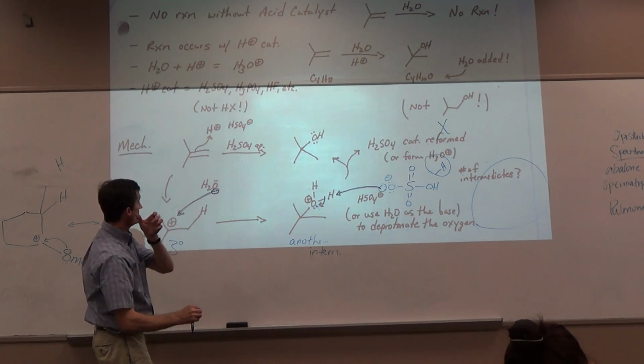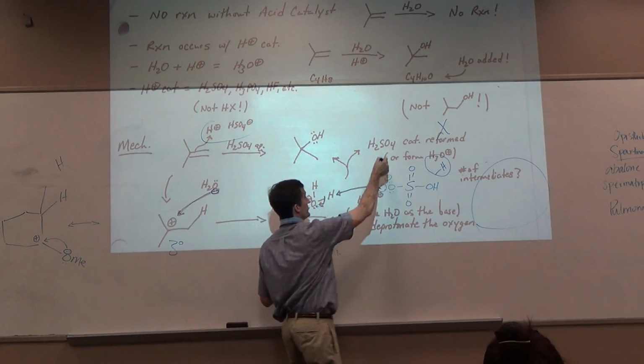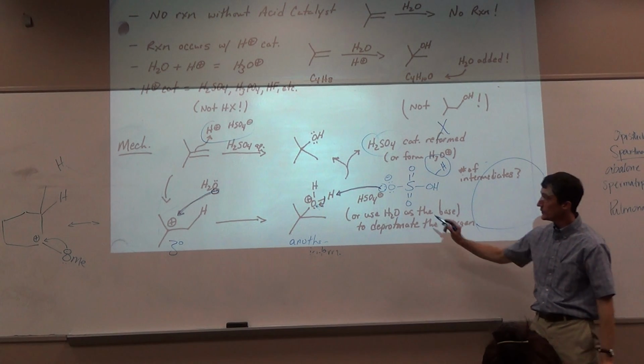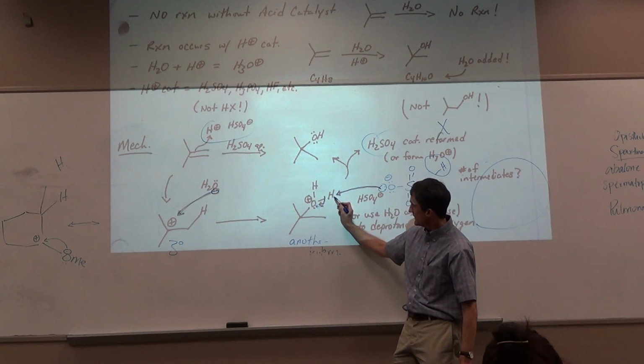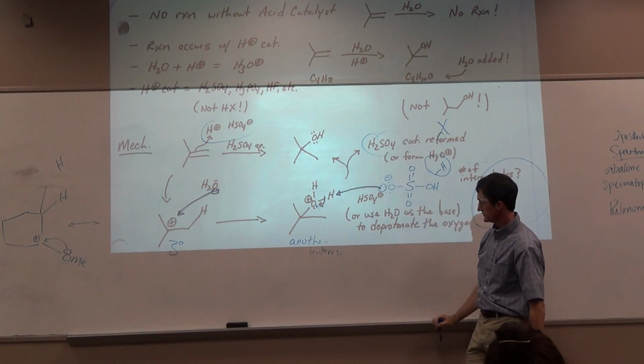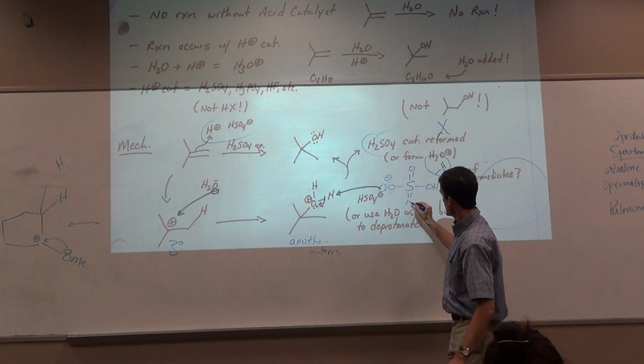So ultimately, we started with sulfuric acid and we reformed sulfuric acid. We reformed the catalyst. We reformed that H+. This is essentially H+. Now, you could use water to do this.